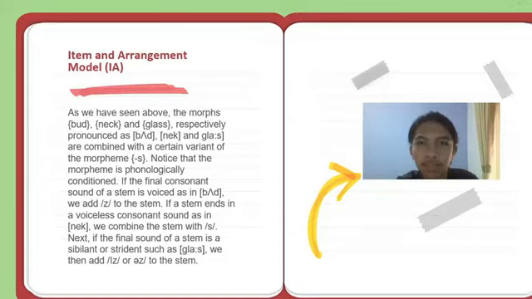If a stem ends in a voiceless consonant sound, as in neck, we combine the stem with s. Next, if the final sound of a stem is a sibilant or strident, such as glass, we then add iz to the stem.